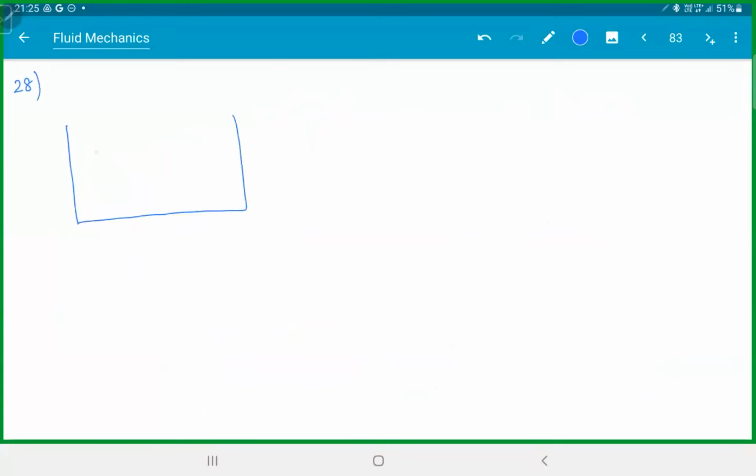This is another standard question. So we have water here. We have an ice cube. It is floating inside. So case 1, density of water is 1 gram per cc. Density of ice is 0.9 gram per cc.